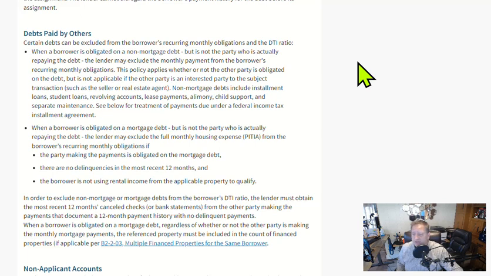Principal, interest, taxes, and insurance. And then the A. I'm guessing that's association fees. From the borrower's recurring monthly debt obligations, if the party making the payments is obligated on the mortgage debt, there are no delinquencies in the most recent 12 months, and the borrower is not using rental income from the applicable property to qualify.